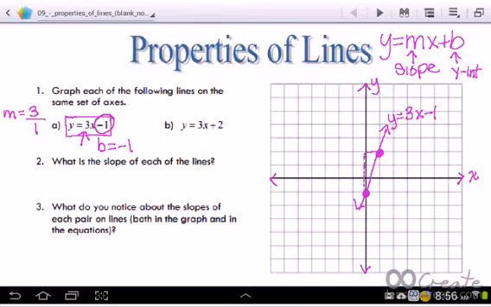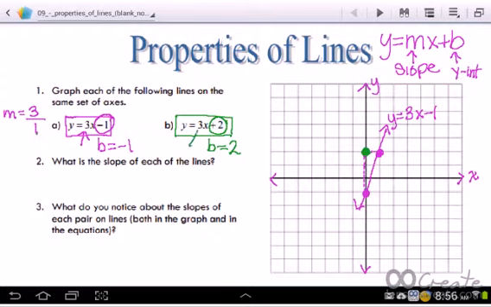We're now going to follow the exact same steps to graph this second equation. So to review, we start by identifying the b value, and that is our y-intercept. So if we were to graph that, we're going to graph it right here, y-intercept of b equals 2.